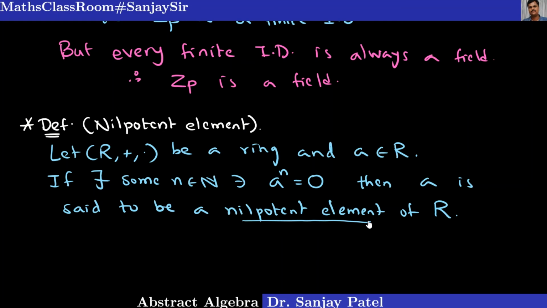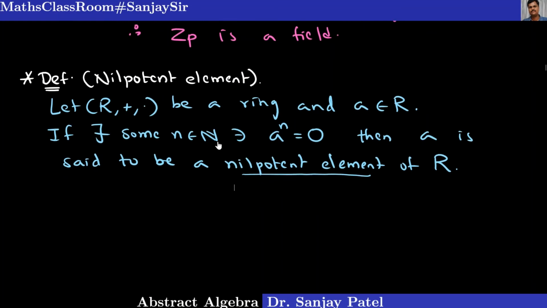The smallest such n is called the degree of nilpotence.